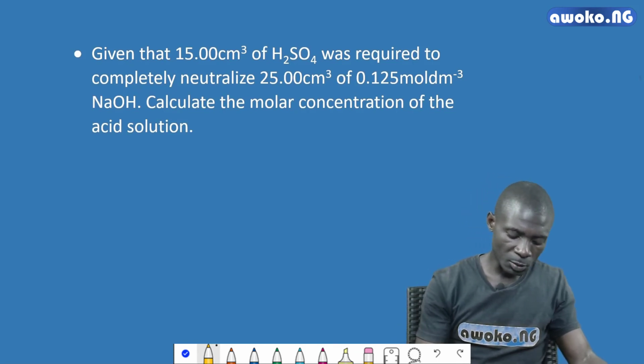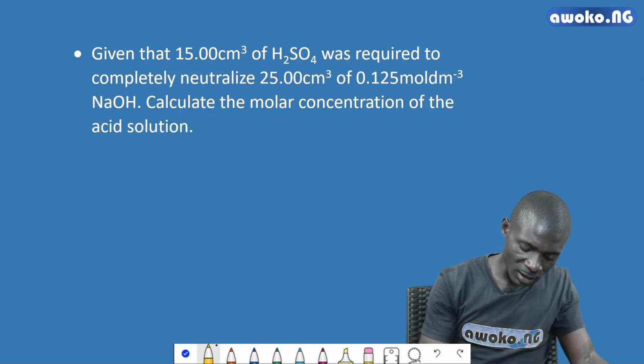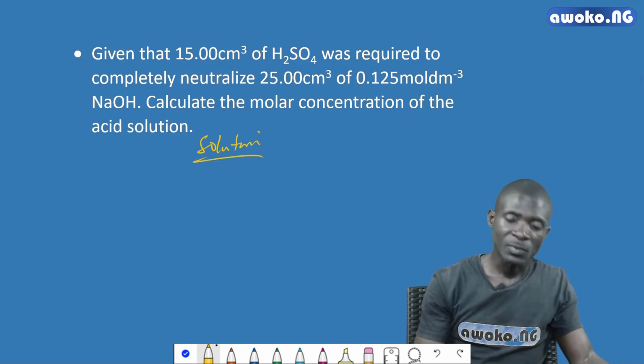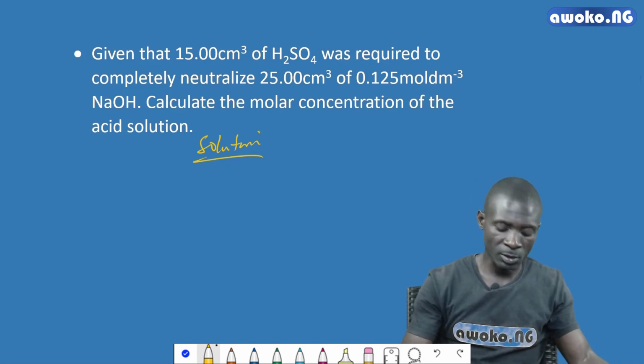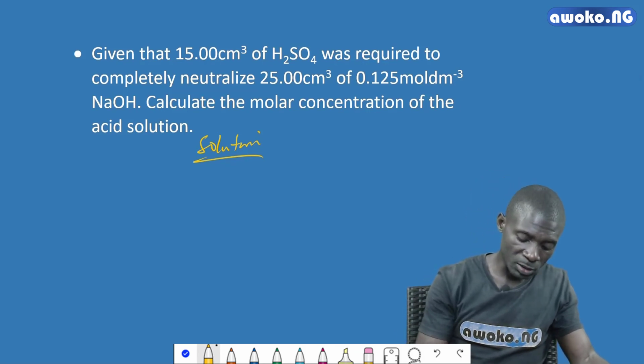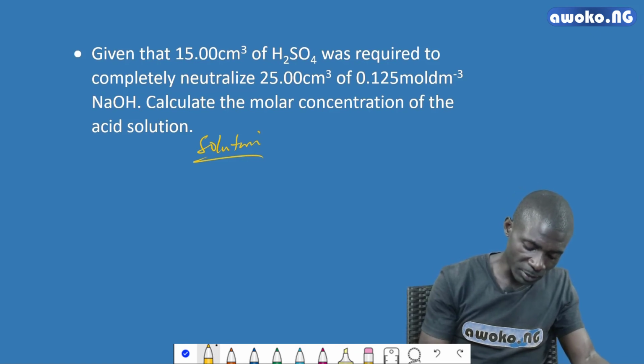So we continue just as we did in the previous example. Our solution starts by writing a balanced chemical equation between sodium hydroxide and H2SO4. Of course, it is the same equation as what we just did in the previous question.